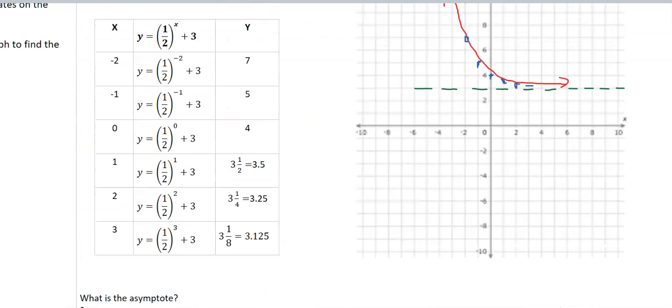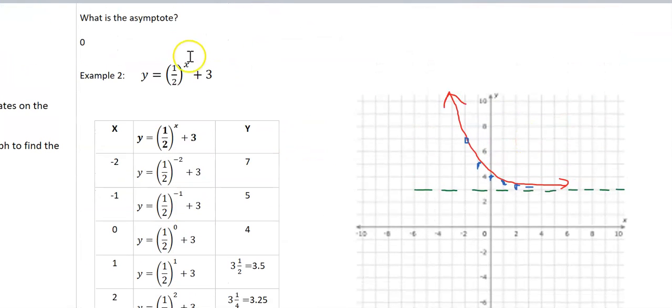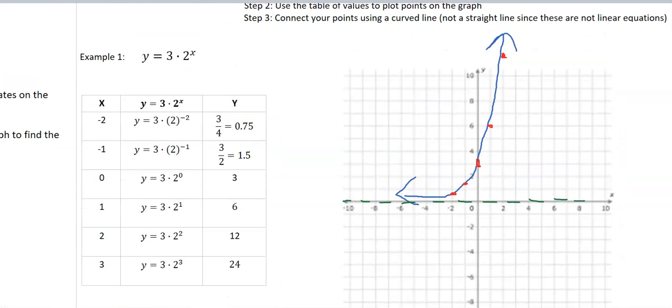If I look at my other examples, again 1/2, and we're going in a downward direction from left to right. In our first example, 2 is our base number, and we're going up from left to right.